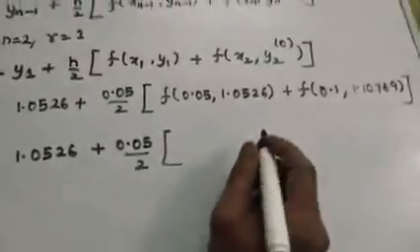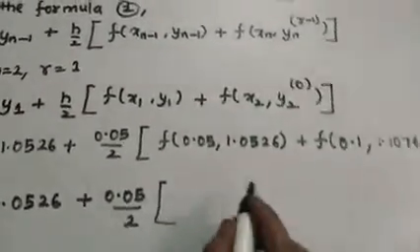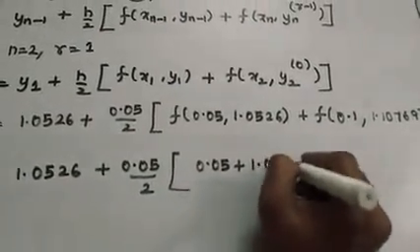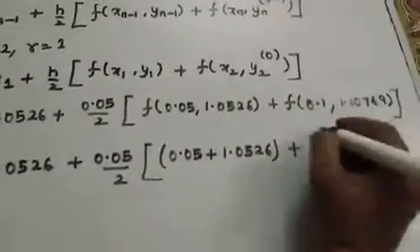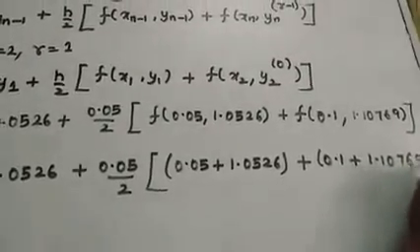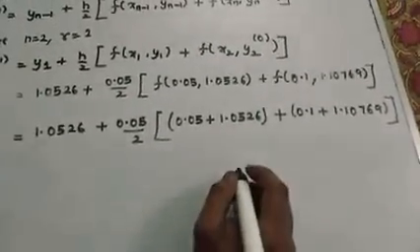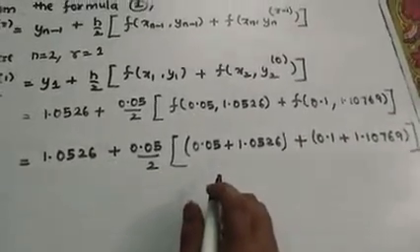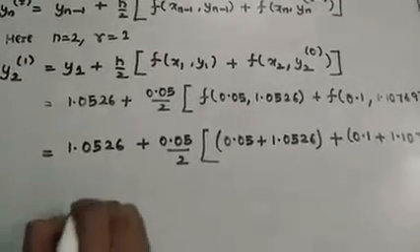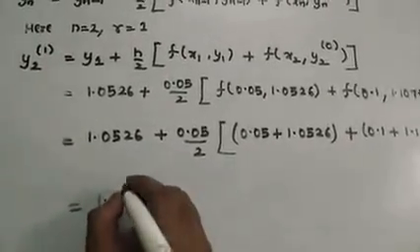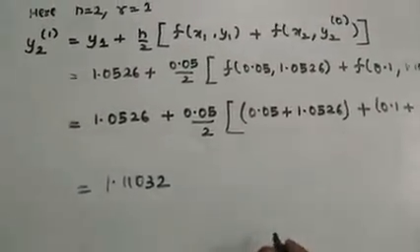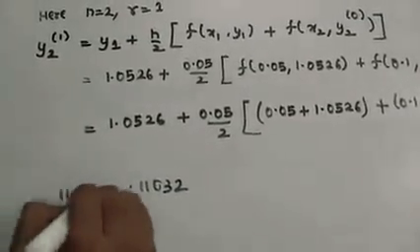Now putting the function, adding x plus y: 0.05 plus 1.0526, plus now their addition, 0.1 plus 1.10769. Okay, now after adding and simplifying, you will get y2 of 1 equals, I'm just writing the answer directly, 1.11032. This is your y2 at the point 1.